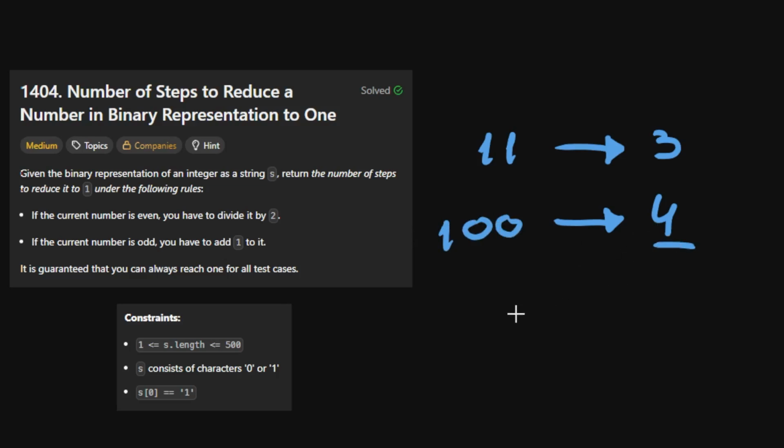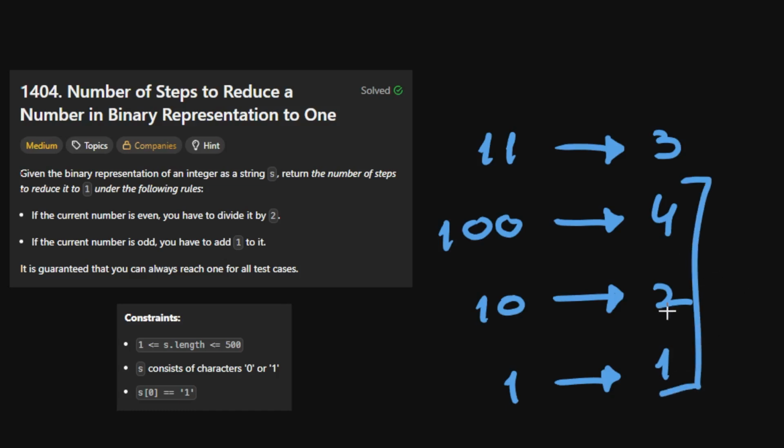And given that this is an even number, we have to divide it by 2. So the new number is 2. 2 in binary is 1, 0. And now given that this is an even number again, we have to divide it by 2. So the new number is 1, which is 1 in binary. And given that we need 3 steps to reach 1, we return 3 in this case.